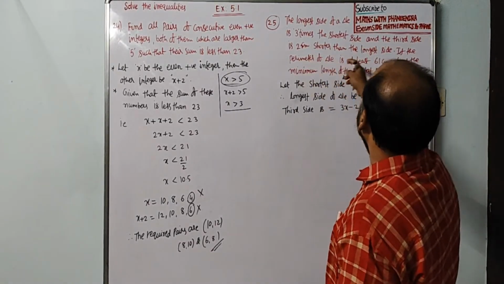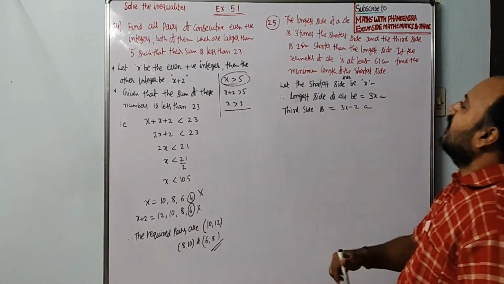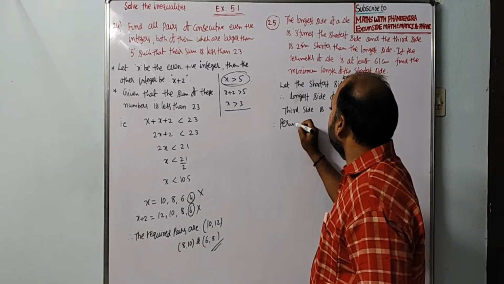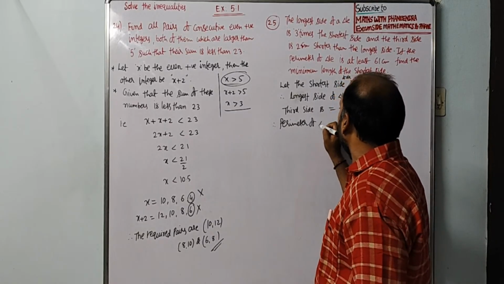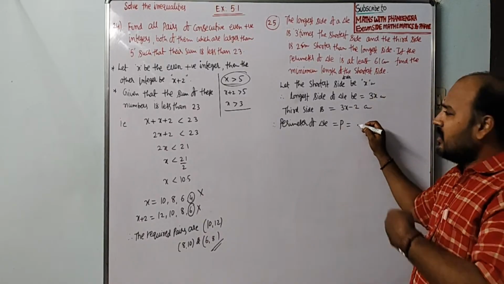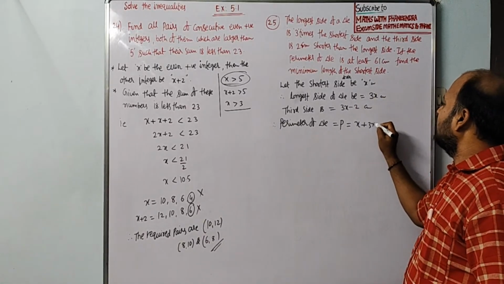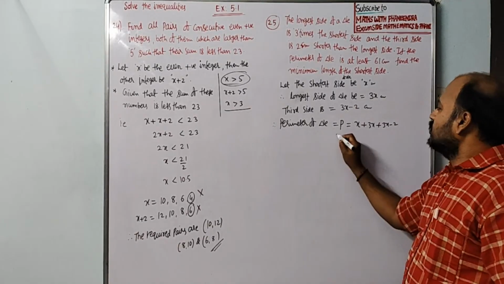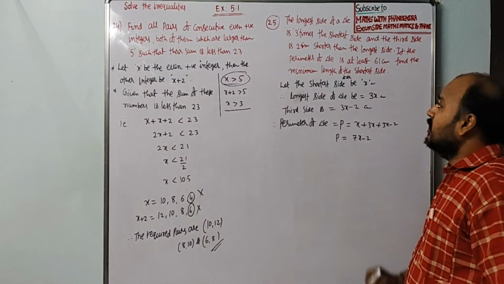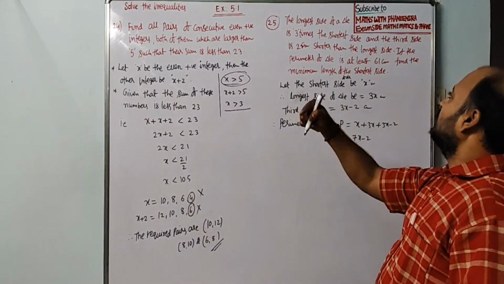If the perimeter of the triangle is at least 61, what is the perimeter? Perimeter of a triangle P equals the sum of the sides: x plus 3x plus 3x minus 2. So therefore P equals 7x minus 2. This perimeter is at least 61.